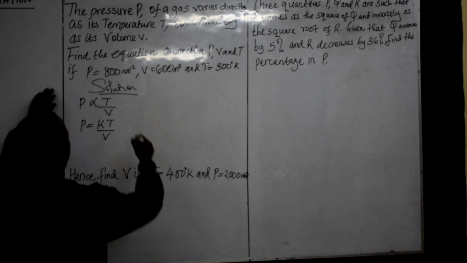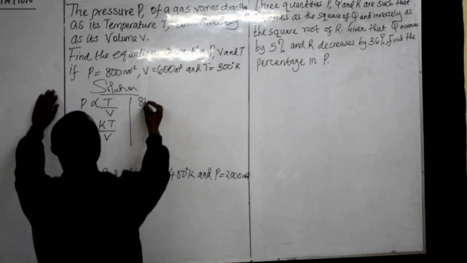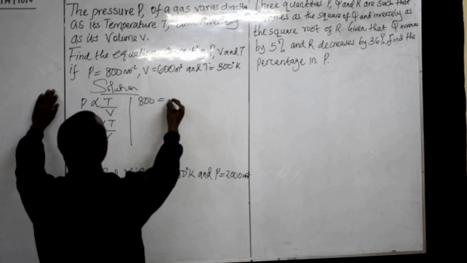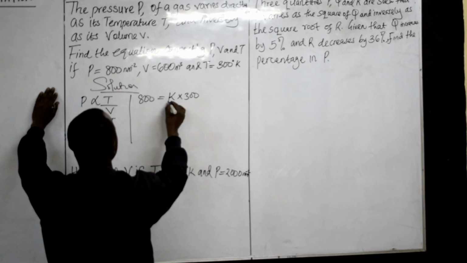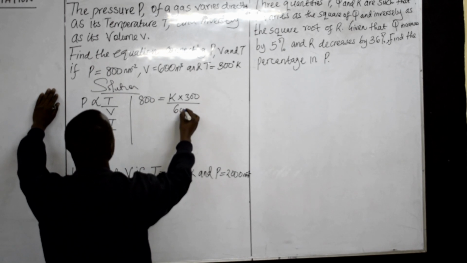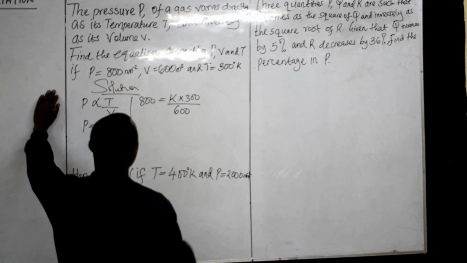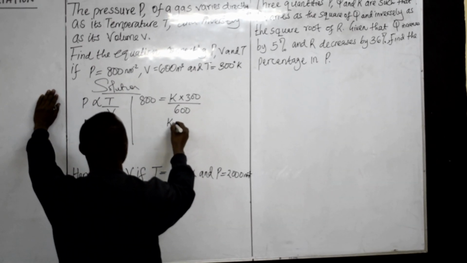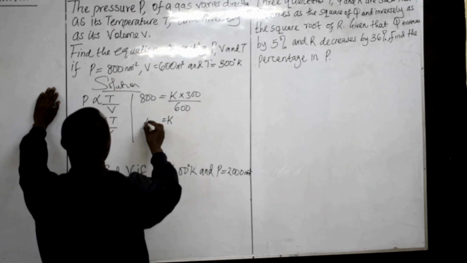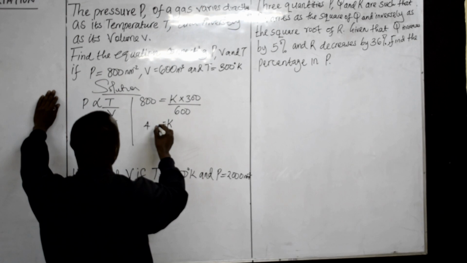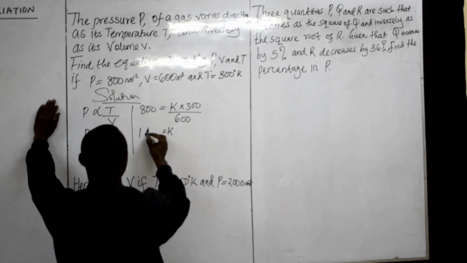So we just substitute in this. 800 is equal to K multiplied by 300 divided by 600. So K will be equal to 1600.